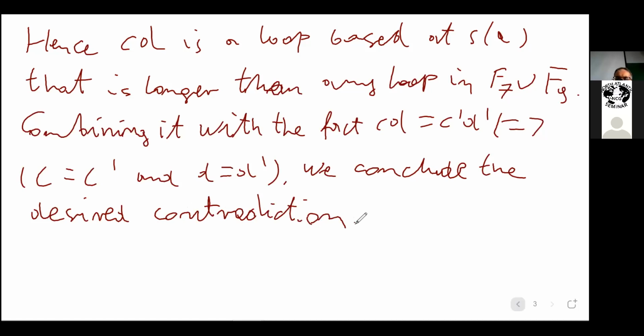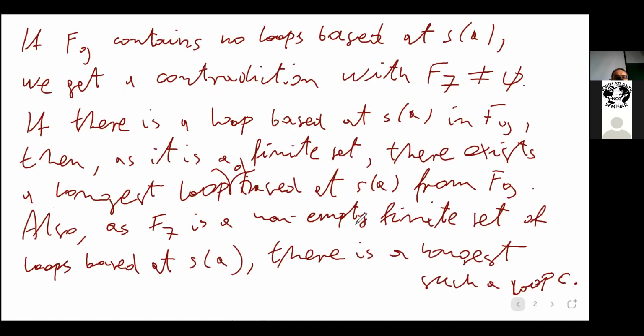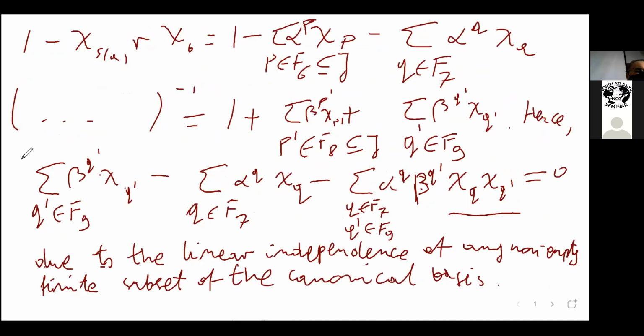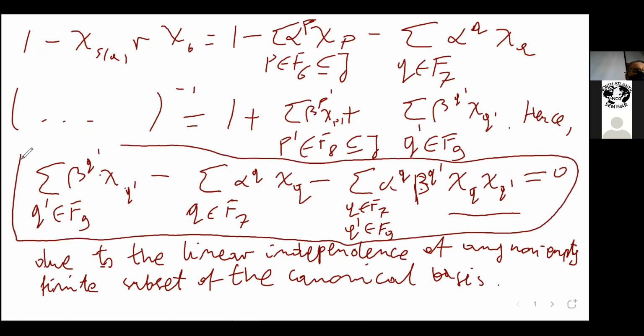Why? Well, you just have to go back to this formula. So this is really, really a key formula, okay? So here I have my loop CD, right? In the sum over F7 and F9. My loop CD lives in here, okay? And it cannot be cancelled out by any element of a sum over F7 or F9 because any loop in the other sums is shorter, strictly shorter, right?